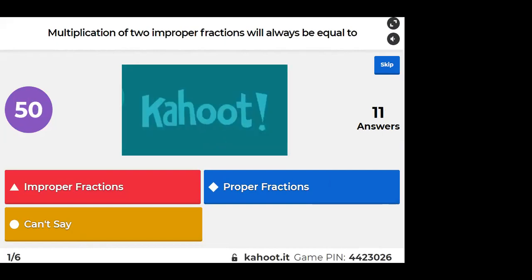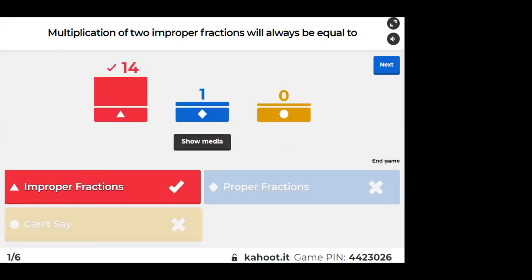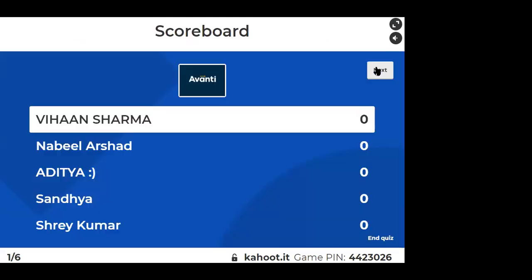Jia, if your network is still not working, you can message the chat box. Very good, right? Improper ka improper hoga. Very good. Jia, you joined? If not, then just message the chat box. Very good, Vihan. Top position.